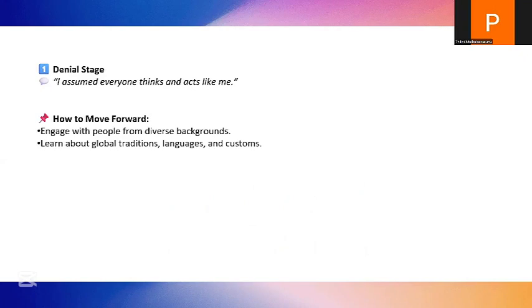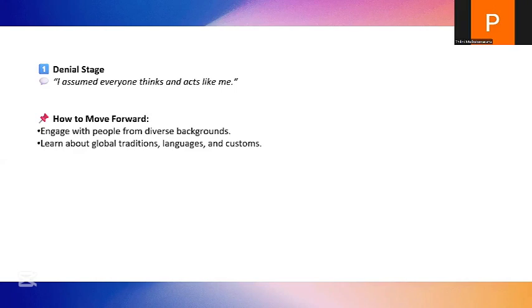So in the denial stage, a person can say like this, I assume everyone thinks and acts like me. So how can you move forward? How are you going to overcome this? There you have to engage with people from diverse backgrounds. Thinking that everyone thinks and acts like me is not enough.